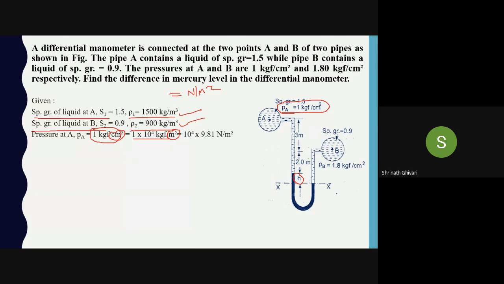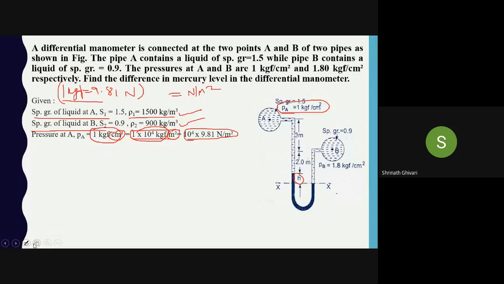Now, how to convert this kgf into Newton? By multiplying this with 9.81. It means that 1 kgf is equal to 9.81 Newton. This is the conversion. Write it down somewhere. 1 kgf equal to 9.81 Newton. Understood? Okay, so this is the first point.